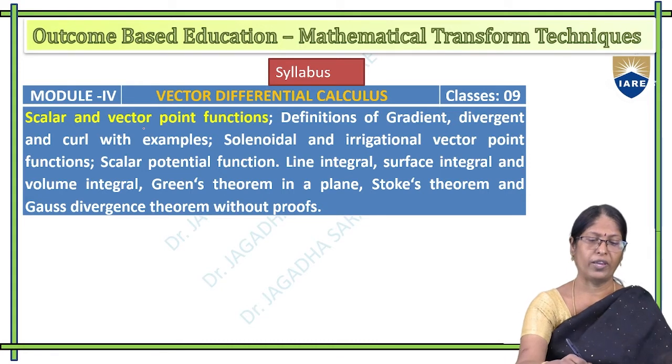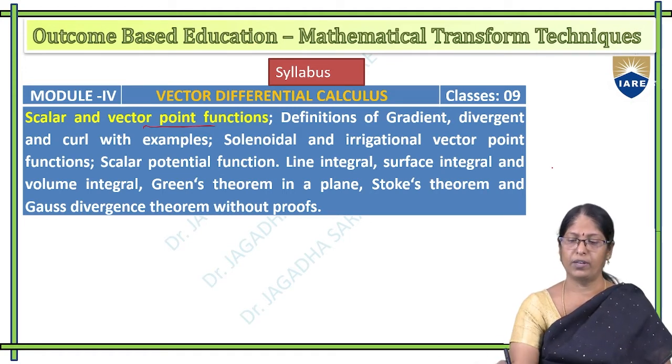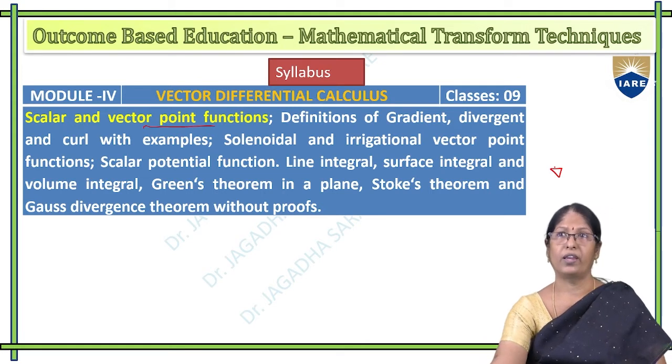So now our given function has both magnitude and direction, that is a vector point function. The definition of gradient, that is short form grad. The symbol is an inverted triangle.